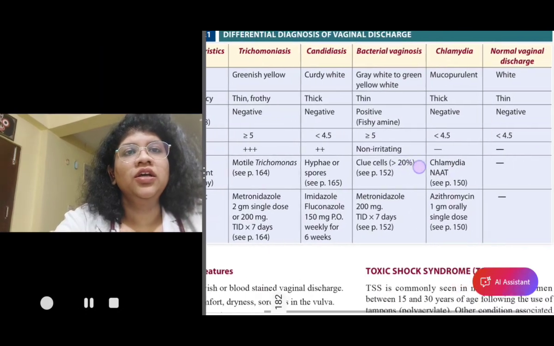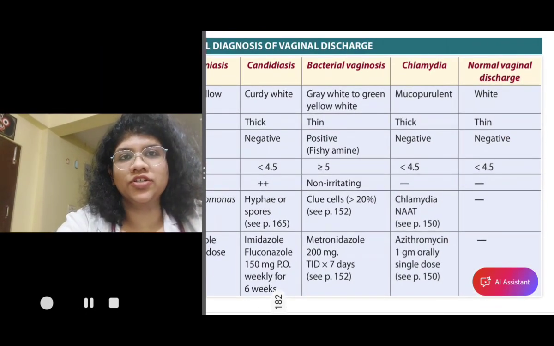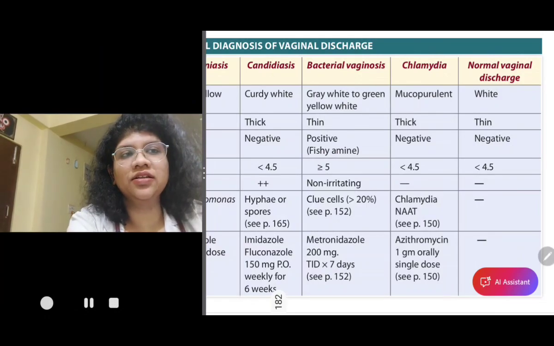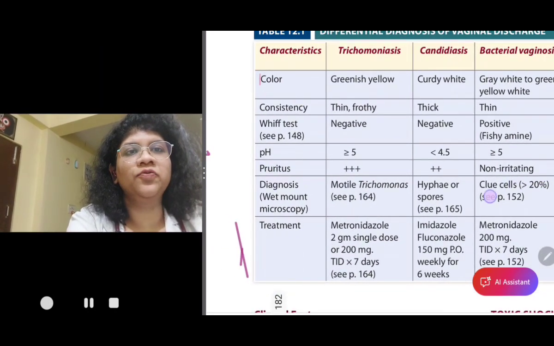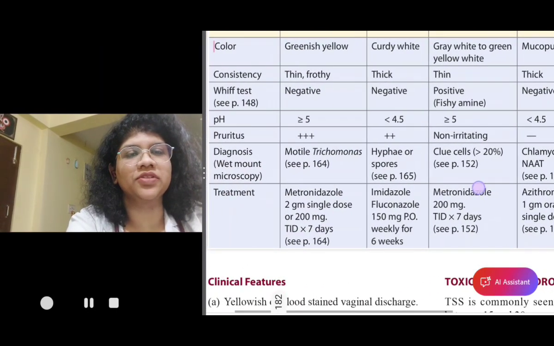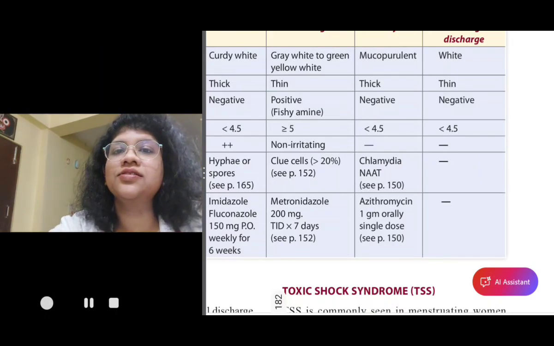Okay. So first let's try to understand how a normal vaginal discharge looks like. So it will be white in color, thin in consistency, and the whiff test will be negative. I'll explain to you what the whiff test is in some time. Remember that the pH of a normal vagina is acidic.